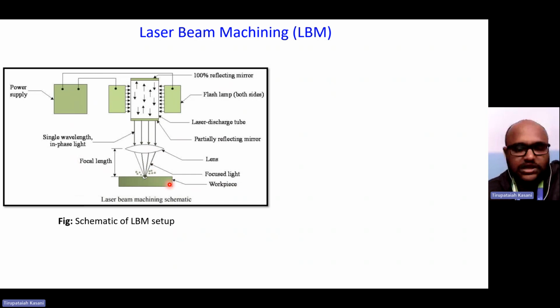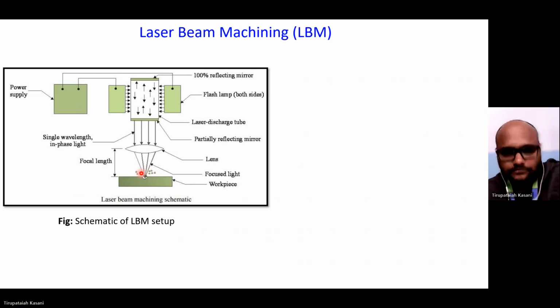The principle is the same as that of the electron beam: when the laser beam hits the top surface of the workpiece, it gets melted and evaporated. Since this is a machining process, material removal has to take place, that is the reason for melting and vaporization.